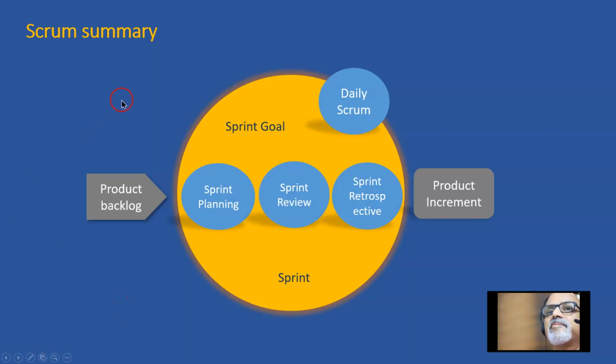So this is a Scrum summary. The product owner keeps on developing the product backlog, focusing on the product's goal, and he prioritizes them, and he proposes a set of backlog items to be developed within a sprint to a sprint planning meeting, which is attended by the product owner, Scrum Master, and the development team.